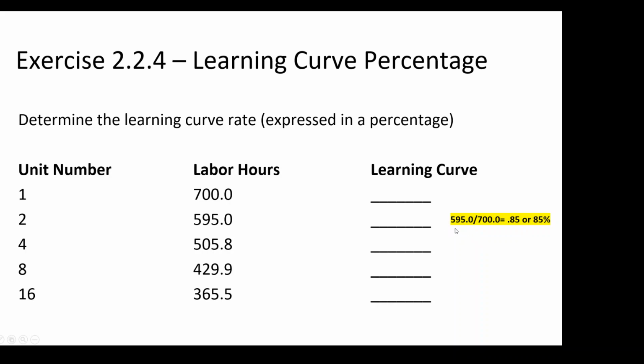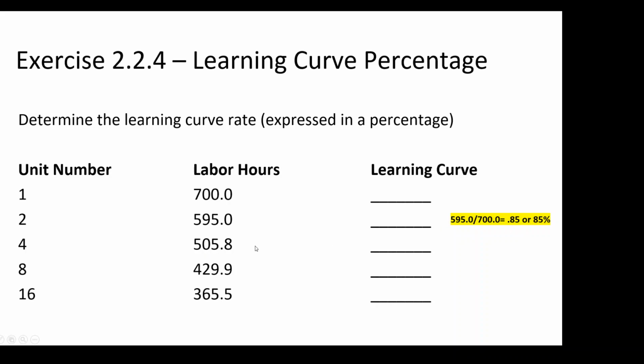If you don't know what the percentage is, percentage always comes from a small number divided by a larger number. That's one. The second thing is if you actually do the long division, 595 divided by 700 should give you 0.85.